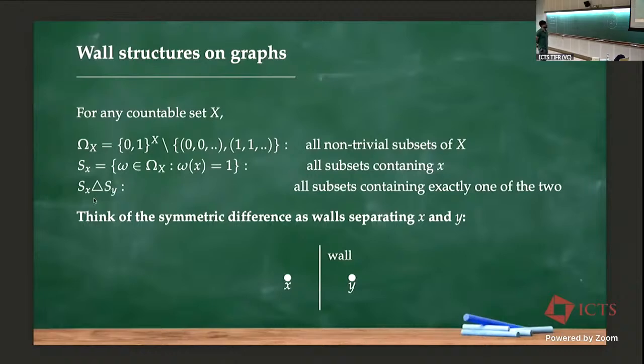Therefore, the symmetric difference is going to be all subsets that contain either X or Y, but cannot contain both.